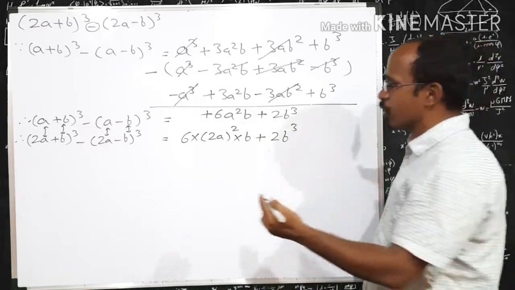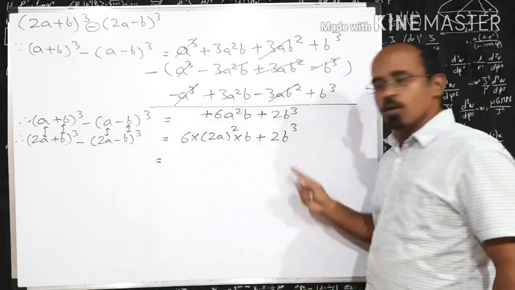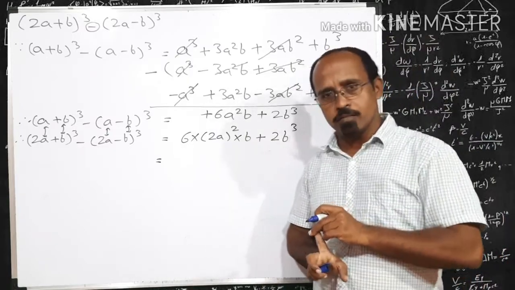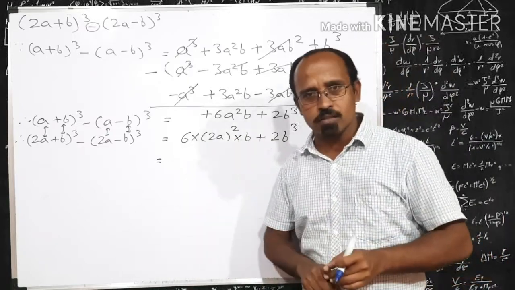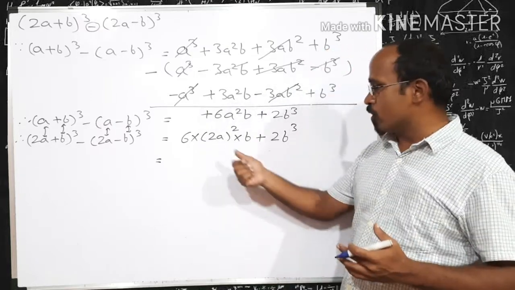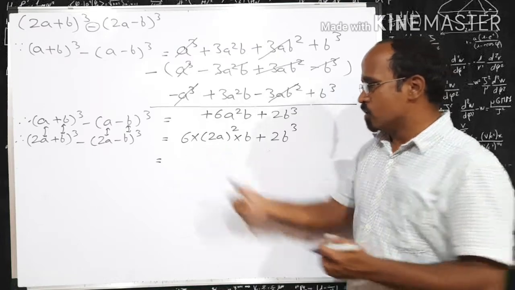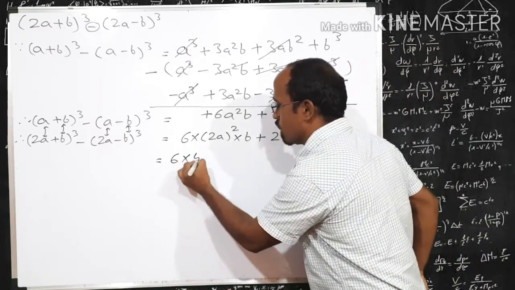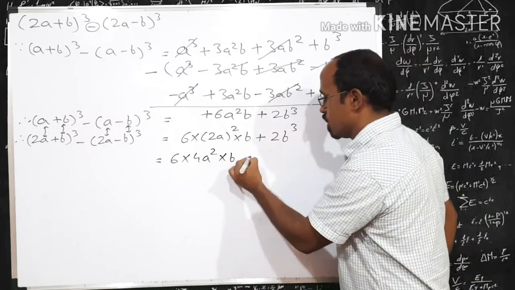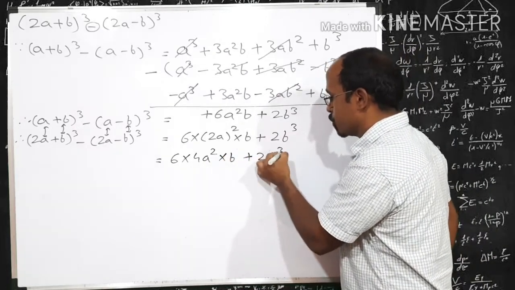Clear, friends? Now according to BODMAS, once the formula is written and expanded, and then values are replaced, what we have to do is apply BODMAS. So let's solve this bracket first. It will be 6 into 4a² into b plus 2b³.